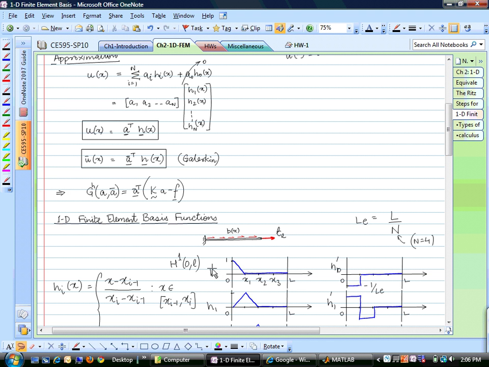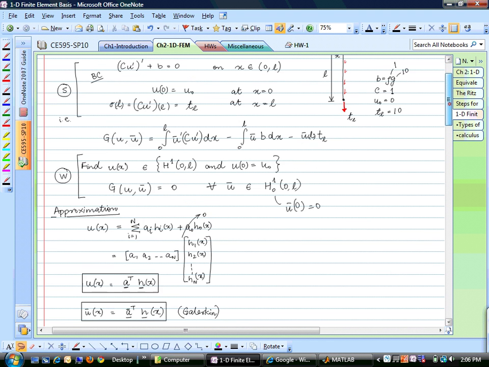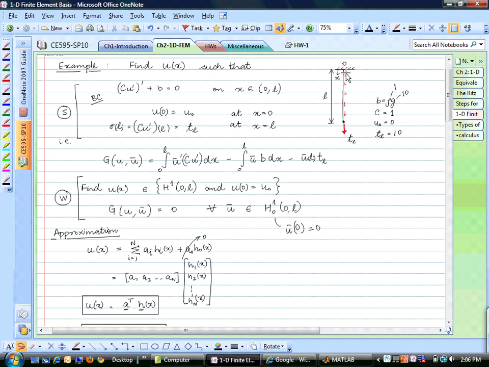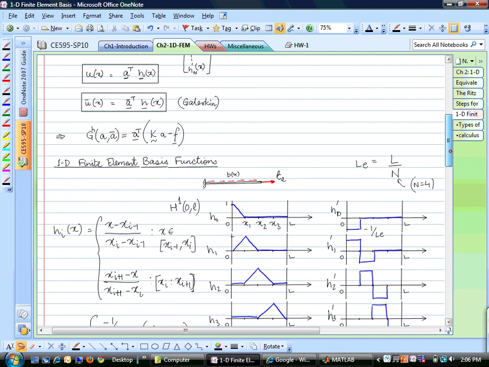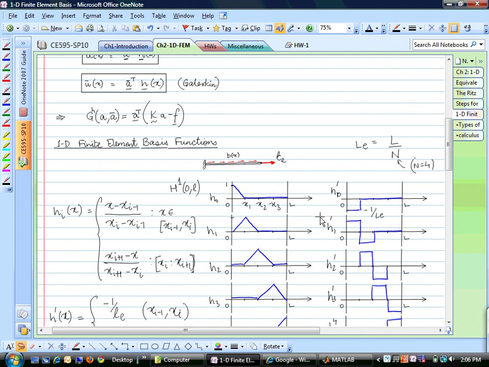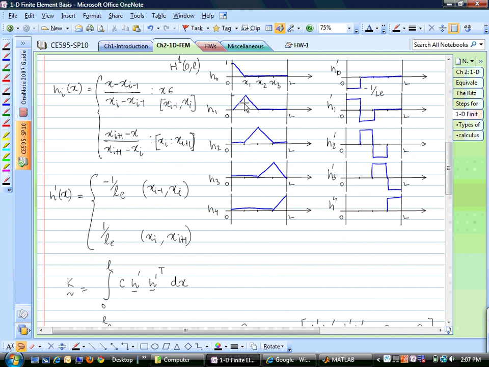But since in this case we said that U0, that there is no displacement at the fixed end, therefore this H0, or the constant that you multiply with that, is chosen to be 0. That's why this is not there. So in this case you can actually neglect this first H0. We are starting from H1, H2, H3, and H4. These are the 4 shape functions in this problem.